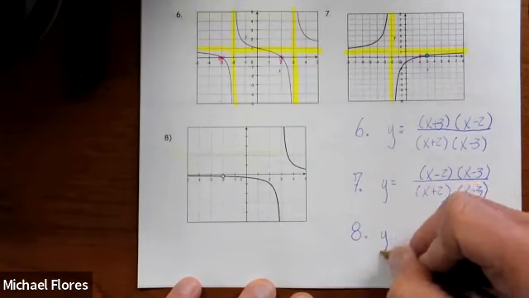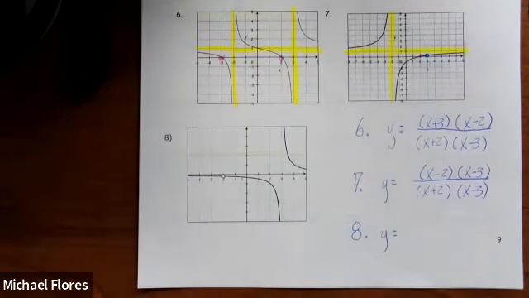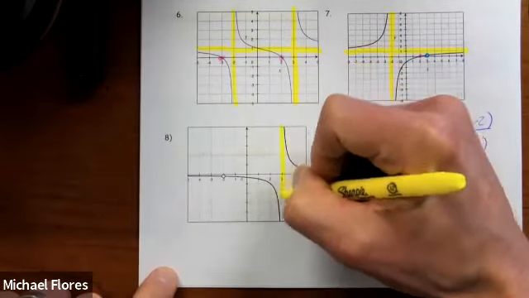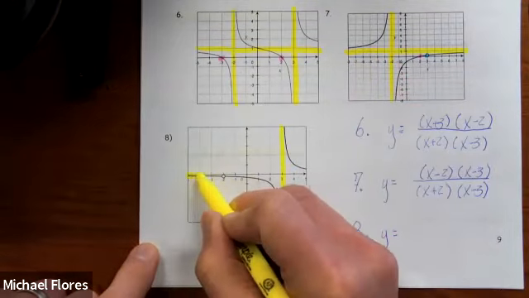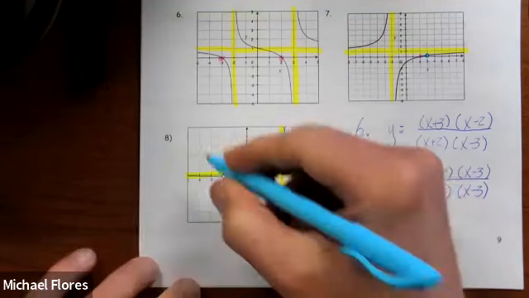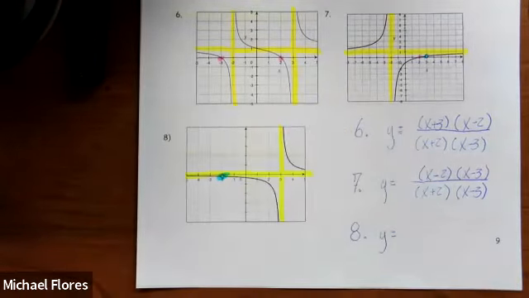And now example 8. Do the same thing. Find vertical and horizontal asymptotes. Looks like we don't have any x-intercepts here, but we do have a hole.